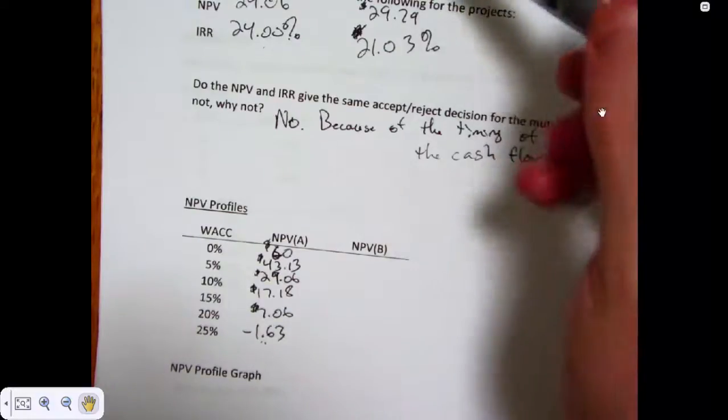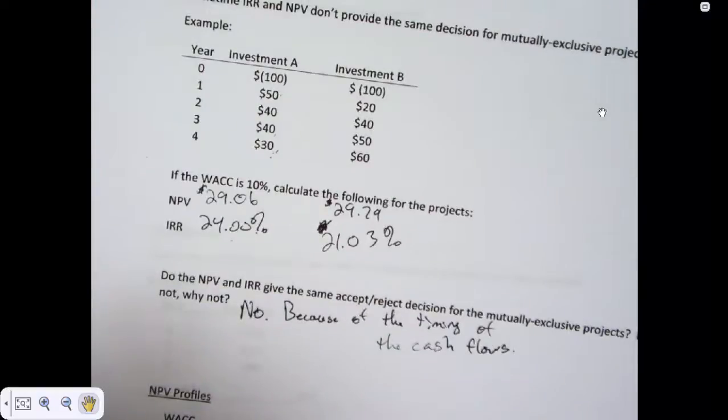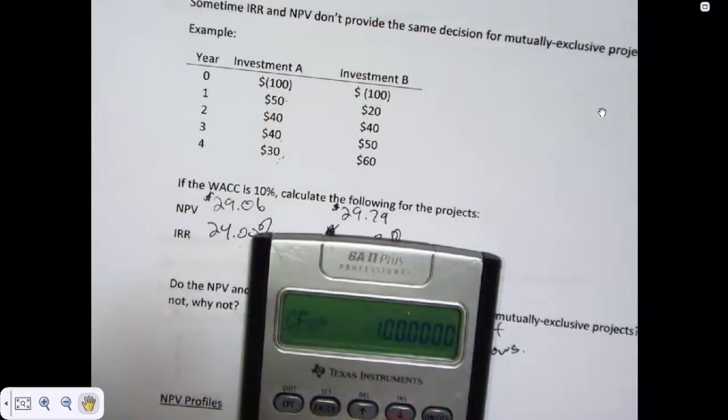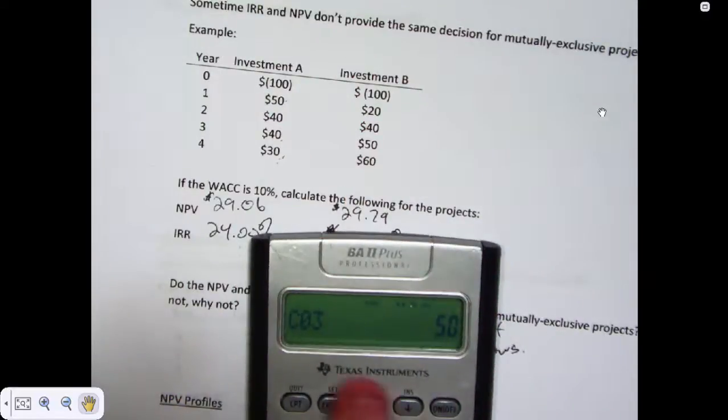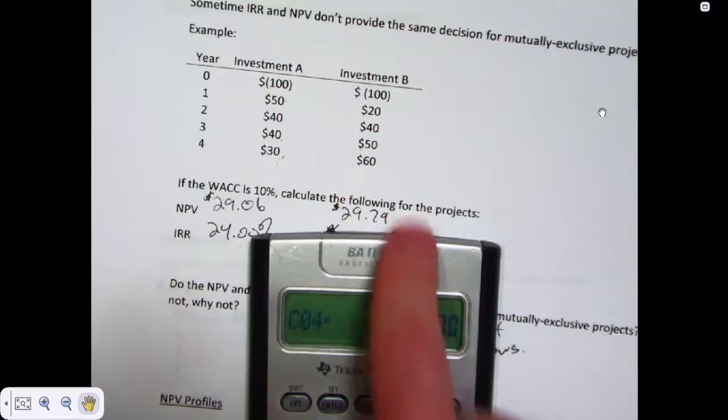So investment B, I'm going to go ahead and put those cash flows in here. I'm going to do the same thing. So my cash flow at time 0 is still negative 100. My cash flow at time 1 is 20. My cash flow at time 2 is 40. My cash flow at time 3 is 50. My cash flow at time 4 is 60.